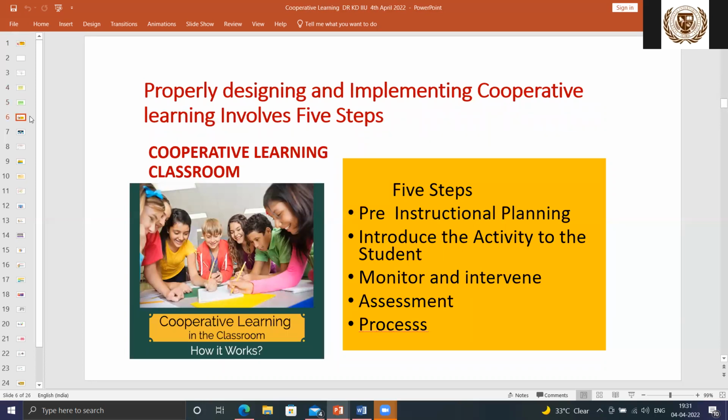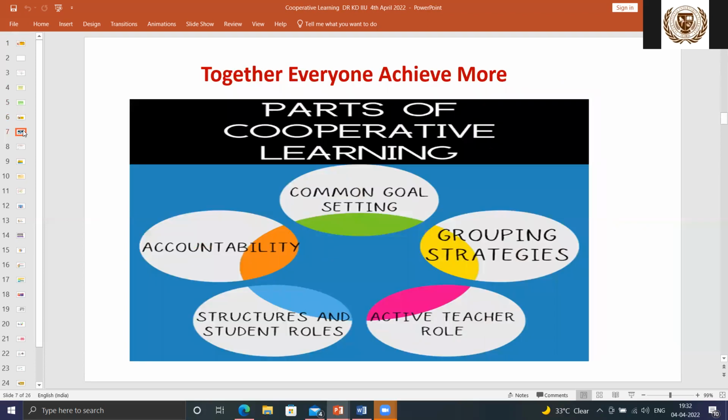Properly designing and implementing cooperative learning involves mainly five steps. These are pre-instructional planning, introducing the activity to the students, monitoring and intervening, then assessment, and then process. Together, everyone achieves.